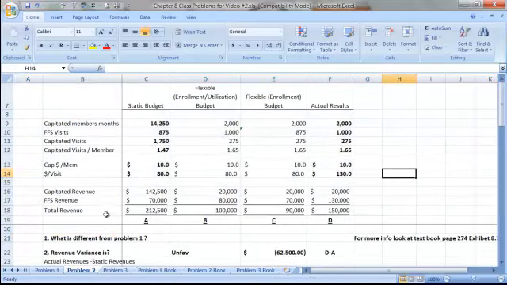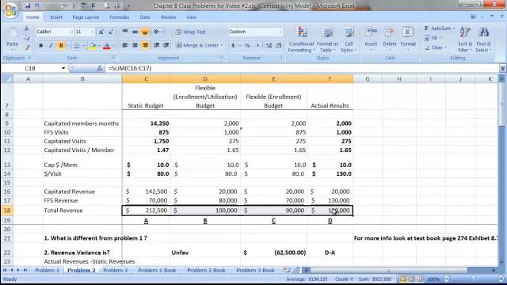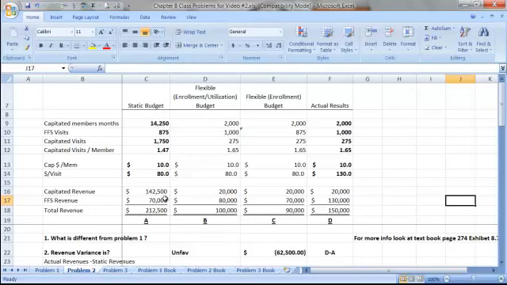What I've done, notice that here's our total revenue, okay? This is calculated based on capitation revenue and fee-for-service revenue. And since we're doing volume variances, I want to show you what our volumes were in our assumptions, to see how much volume we really changed and what is really happening. So here we go.